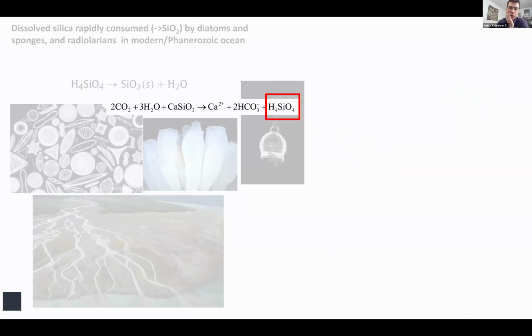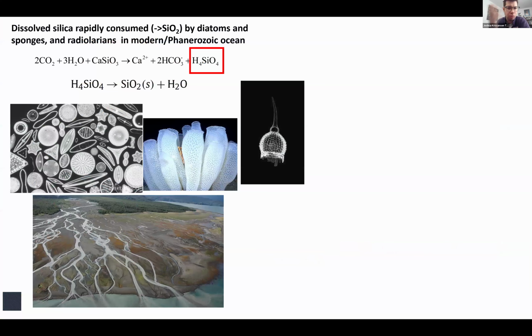On the modern Earth, and by modern I mean most of the Phanerozoic, that dissolved silica is rapidly consumed by biogenic silicifiers, so diatoms, sponges, they remove it. And so dissolved silica concentrations in Earth's oceans today are fairly low.